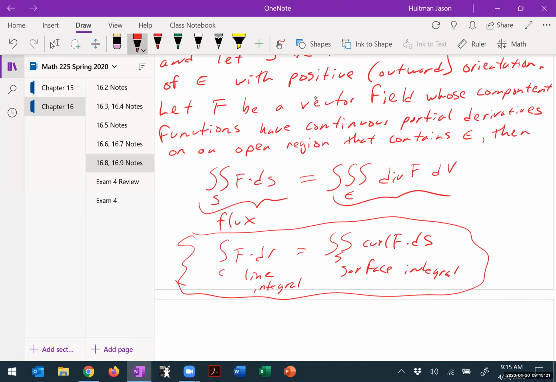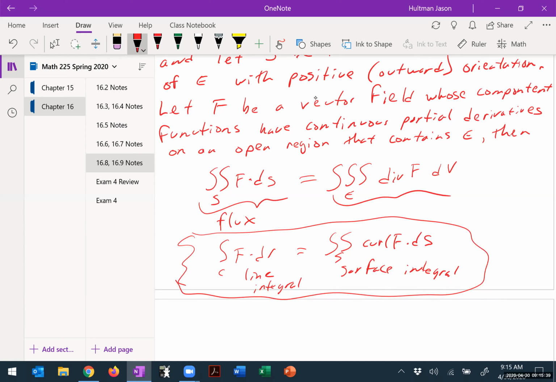In Stokes' theorem, we converted line integrals to surface integrals, or vice versa, and we could go forwards and backwards at will.